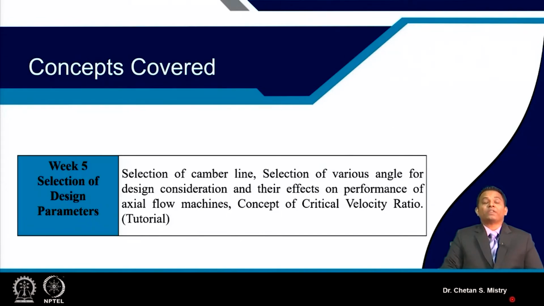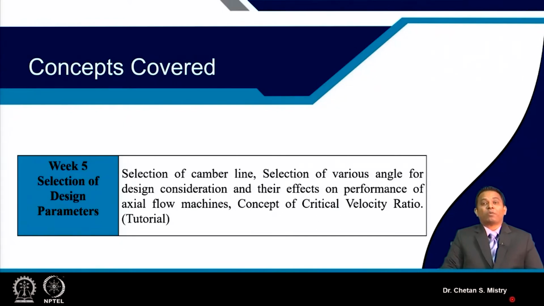In the last session, we were discussing how we select the camber line based on the flow angles we have calculated at the entry and exit. And as per our requirement, we can modify the blade to blade passage by selecting different kinds of camber lines.